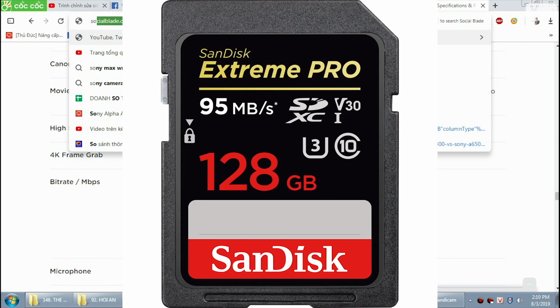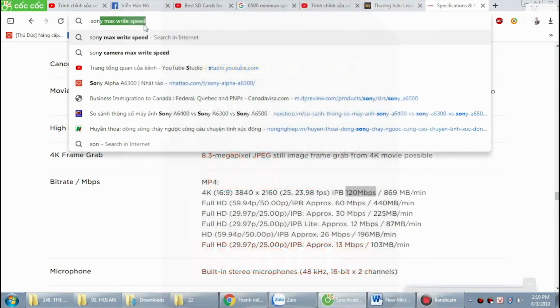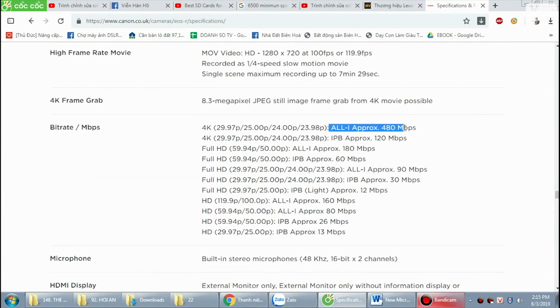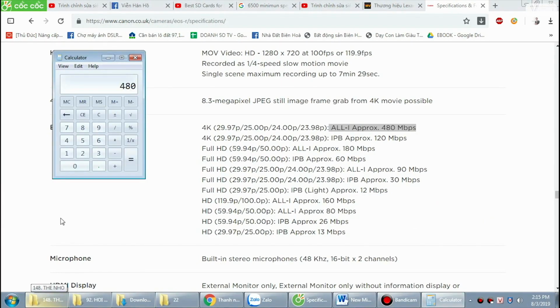Much more than U3. In some special situations, such as the R5, if we record 4K video in ALL-I format, the write speed is 480 megabit per second. 480 divided by 8 is 60 megabytes per second.